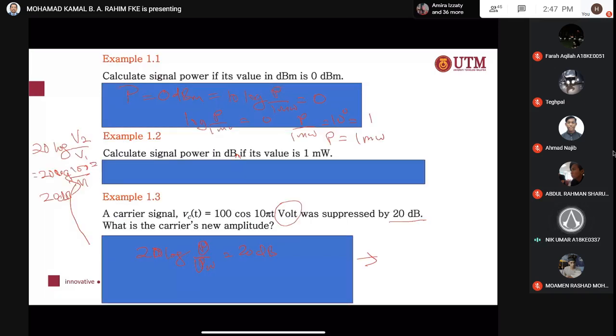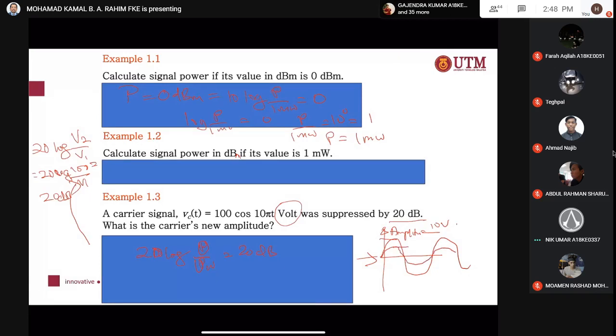Doctor, what does it mean by suppressed? Suppress means like this. If you have the amplitude, for example, let's say you have this carrier signal. That is the example. Okay, so of course, you have the amplitude here, a certain value, maybe 10 volts here. And then suppress means you suppress the signal amplitude here.